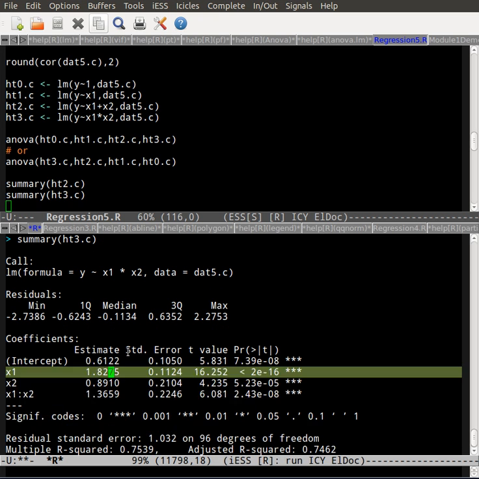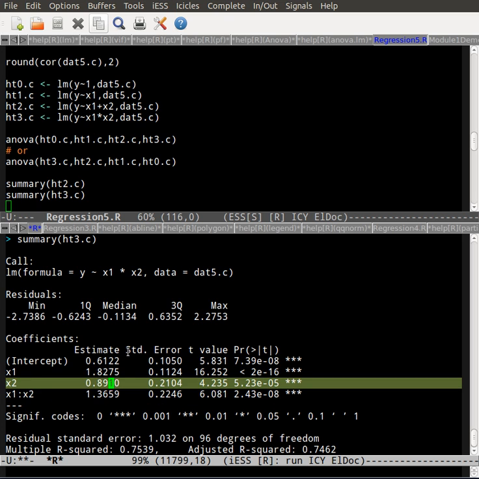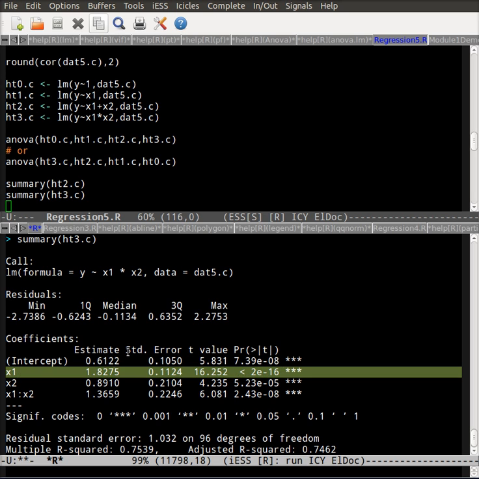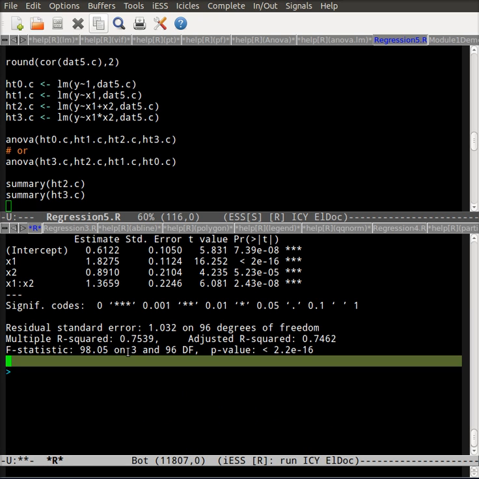Then when I add in the interaction, I get 1.8, 0.9, and now the intercept changes. Okay, so because these all include 0 from the beginning, they're easier to interpret and they don't change a whole lot between including the interaction and excluding the interaction. So the two models don't differ a whole lot.